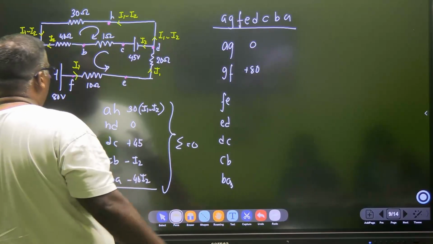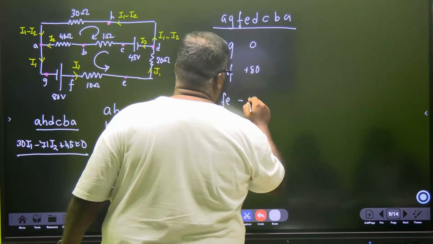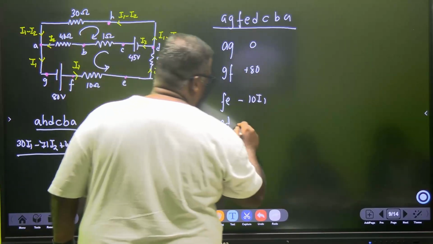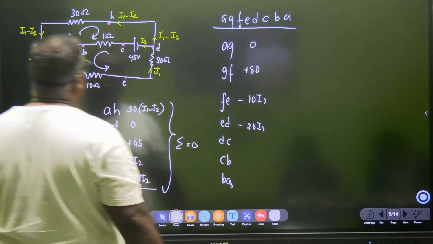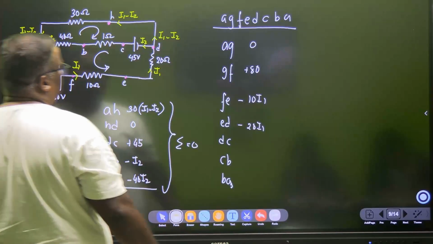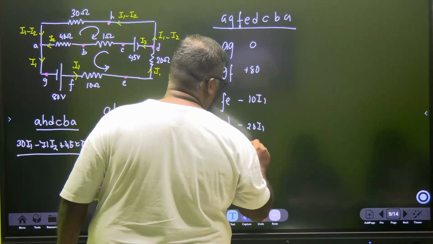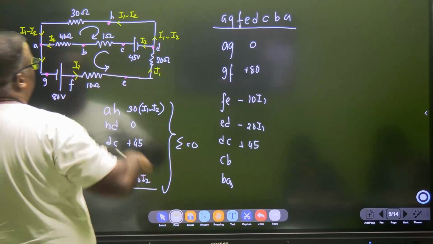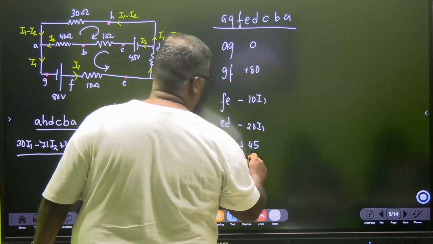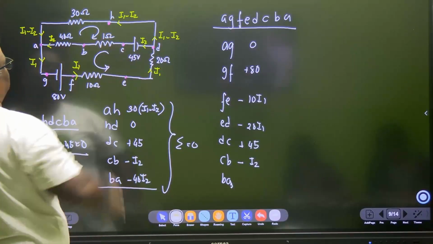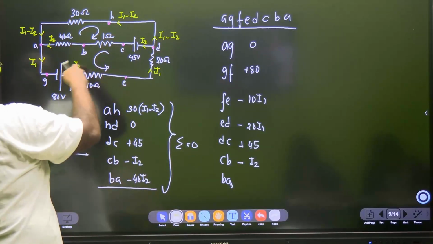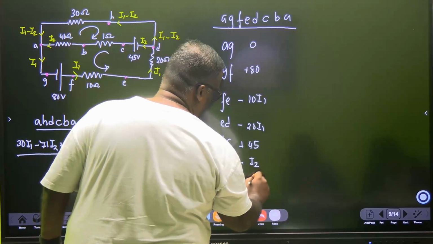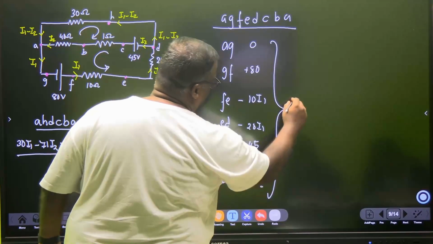F to E, current with me, so that's a negative 10 I1. E to D, current along with me, negative 20 I1. Then D to C, I have a push of 45. And then C to B, the current is with me, so I have a negative I2, means I2 multiplied by 1 is I2. And then here also, look, the current is going this way, so I have a negative 40 I2. All these sigma should be equal to 0.